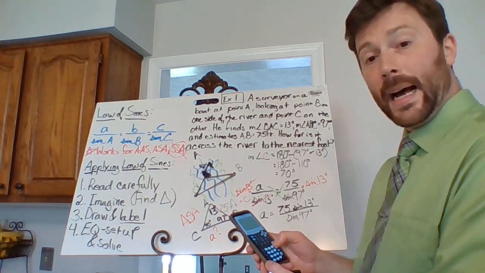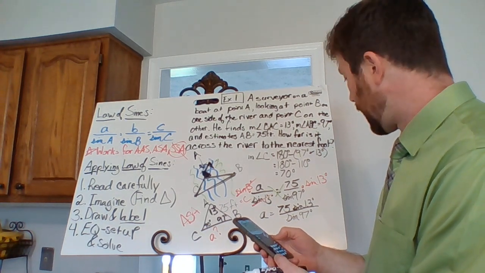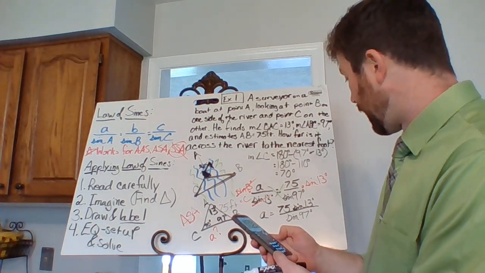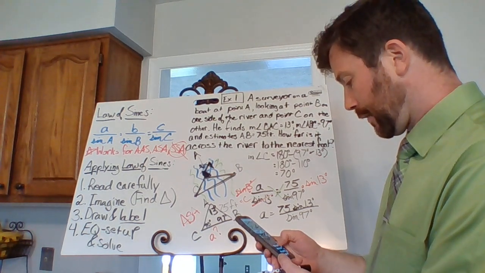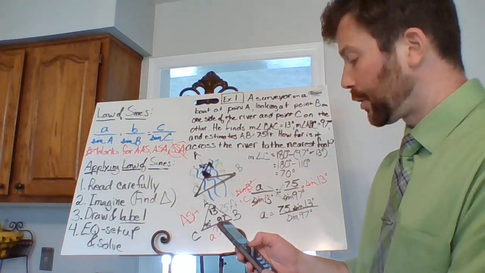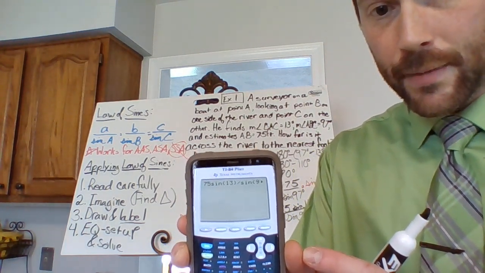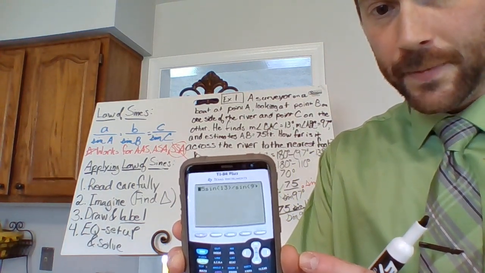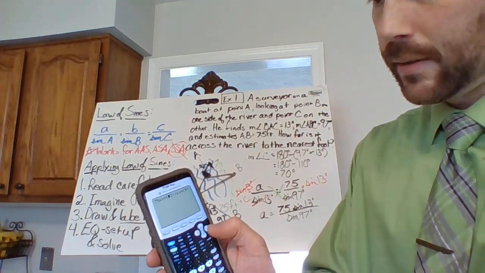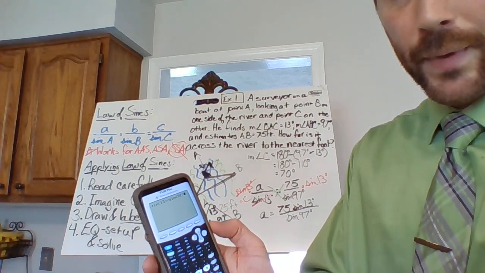All right, so I want to do 75 times the sine of 13 degrees divided by the sine of 97 degrees. Okay, and I'm going to go back and check and make sure I typed in everything correctly. So first, a close look. We got 75 times the sine of 13 divided by the sine of 97. Okay, so we're all set.